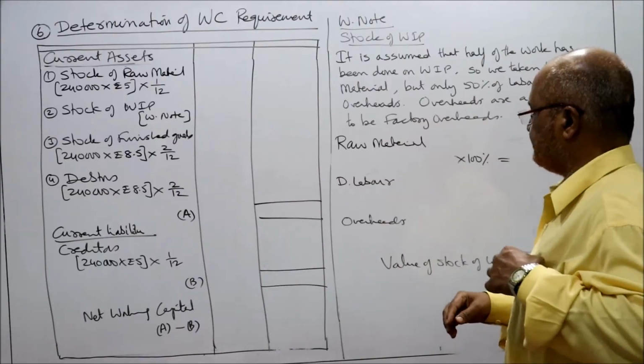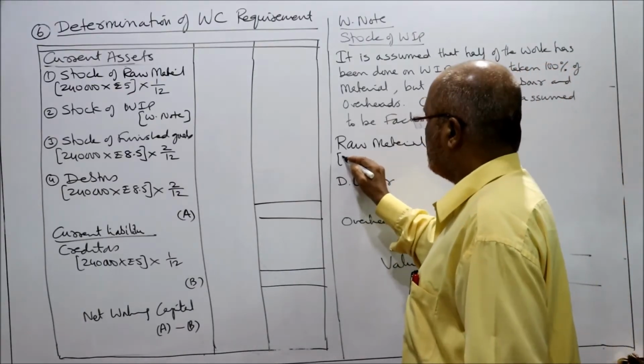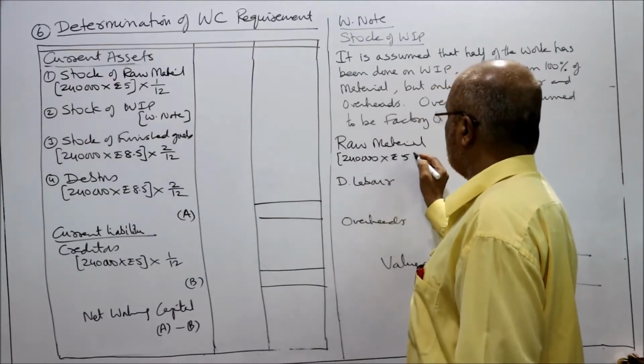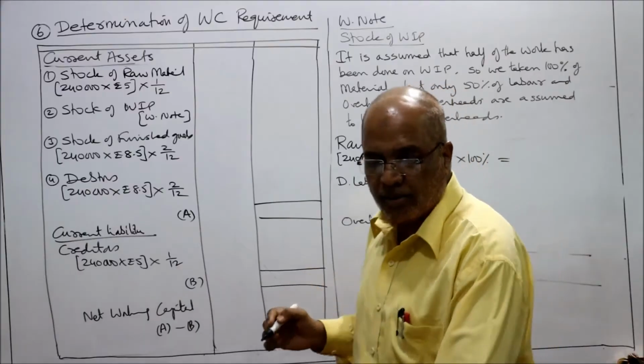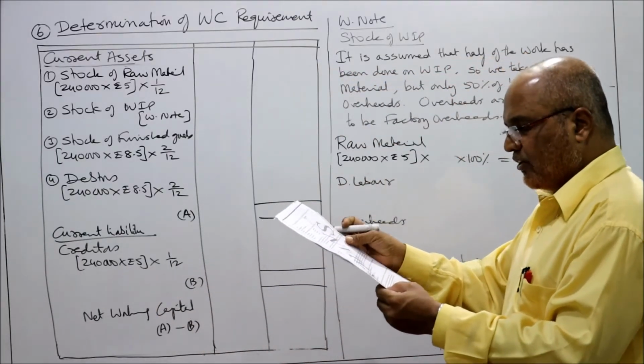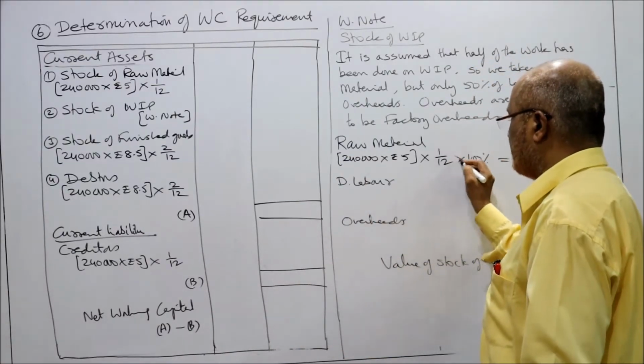Now, raw material. See the raw material, 2,40,000 into rupees 5 into. How much is the duration of WIP? Each unit of production will be in process on an average for 1 month, 1/12.